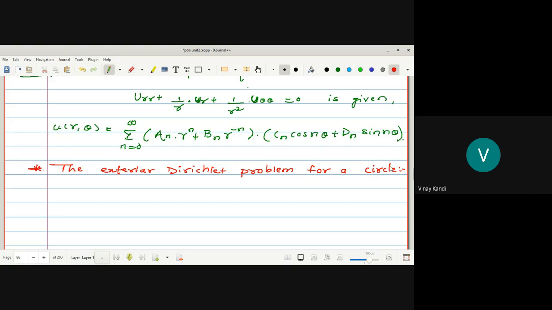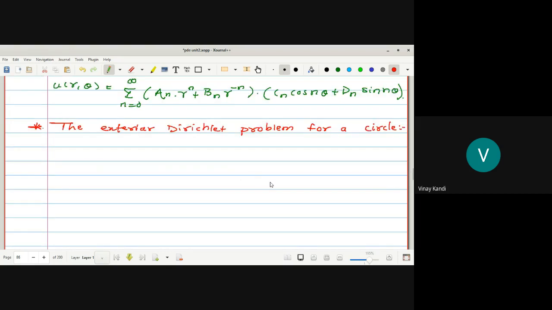Exterior Dirichlet problem for a circle, what will come here? Suppose this is the x-axis and this is the y-axis. Our region is a circle now. Suppose this is the center, and this is the circle with radius a.